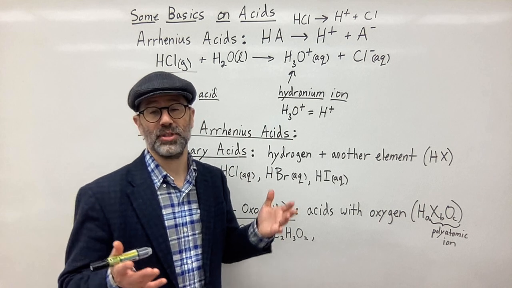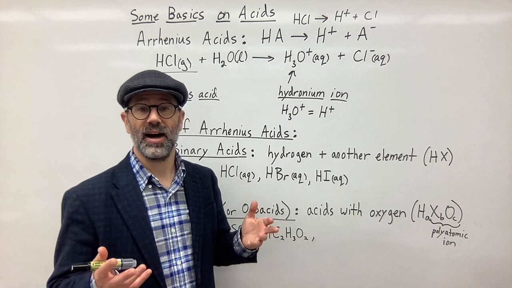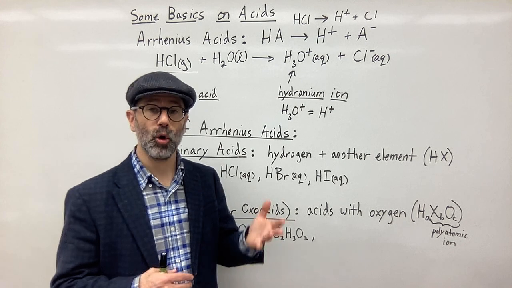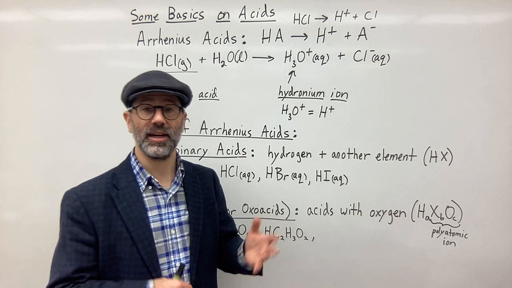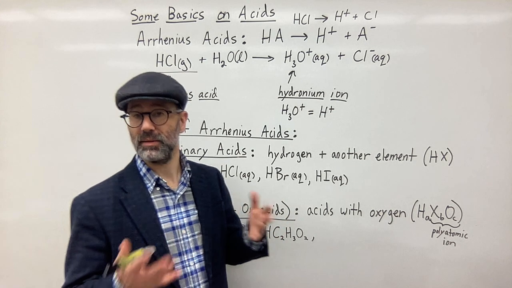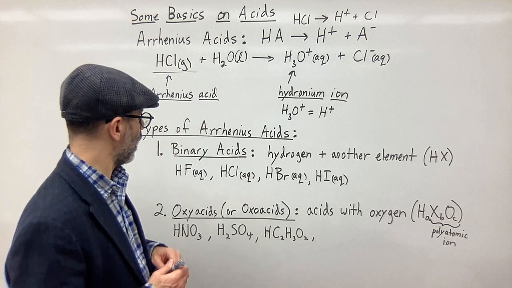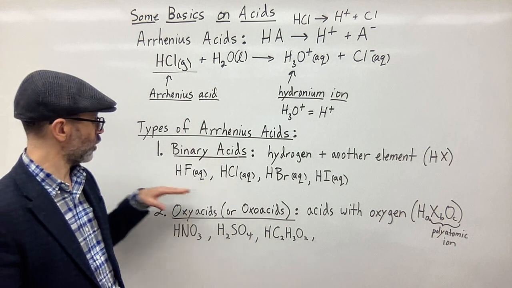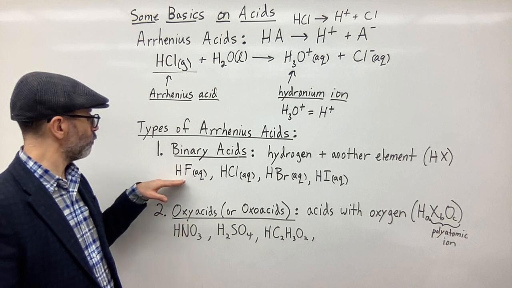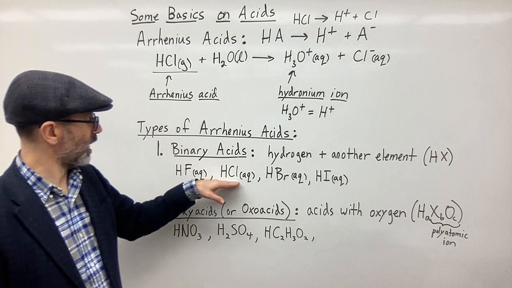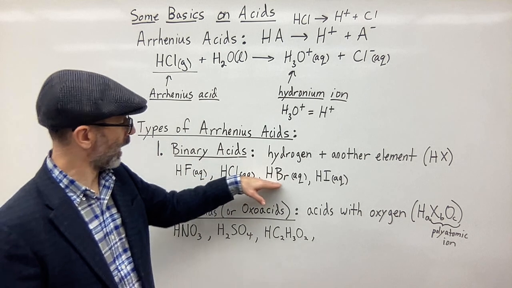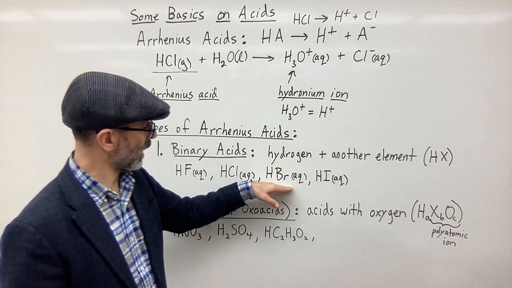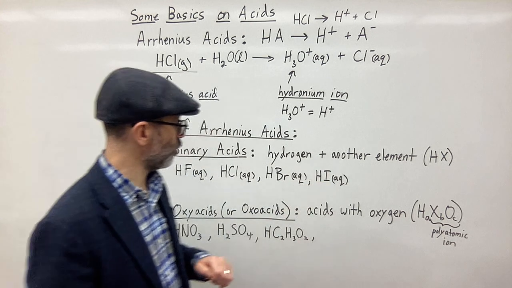A lot of times it's going to be a halogen, bromine, chlorine, fluorine, iodine, but doesn't have to be. So here are some examples, right? So HF, hydrofluoric acid, HCl, hydrochloric acid, HBr, hydrobromic acid, and HI, hydroiodic acid.